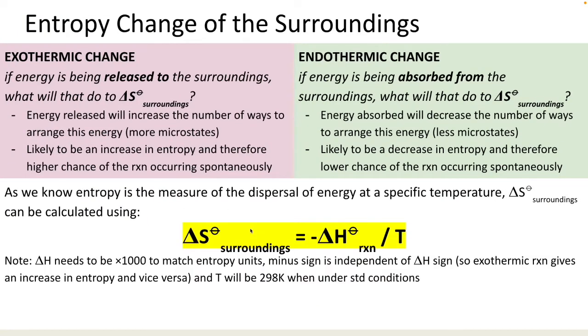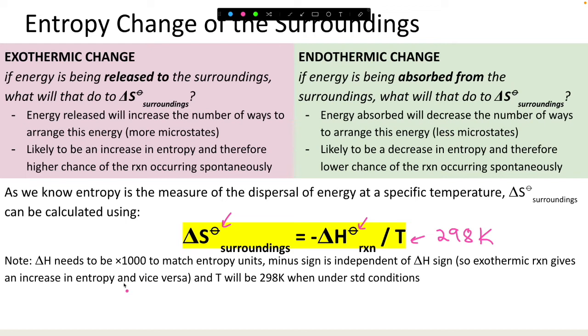So we can calculate it like this. The ΔS of the surroundings takes into account the enthalpy change, and then, as we keep saying, entropy is a measure of energy at a temperature. We've got to consider our temperature. If we're at standard conditions, our temperature is going to be 298 kelvins, because that is our standard condition for temperature.